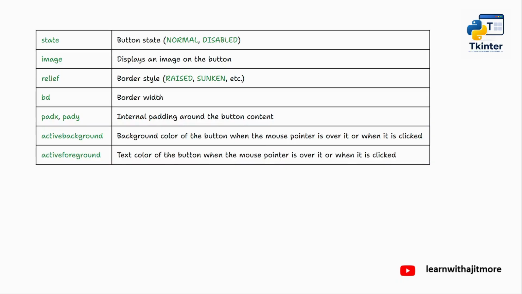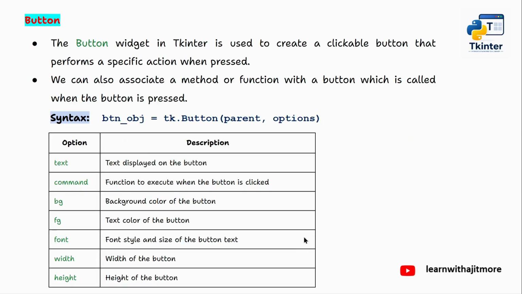So general options are there, like setting its width and height, the text, command. Command is more important because whenever you create a button, obviously you want to respond to the click of that button. Only creating a button is not sufficient. After creating the button, you want that people should click on that button and some reaction should happen.